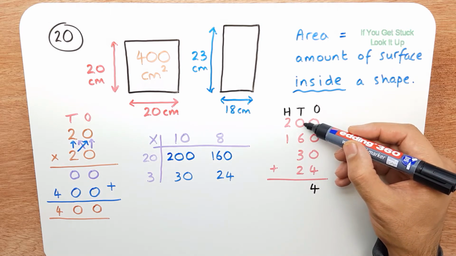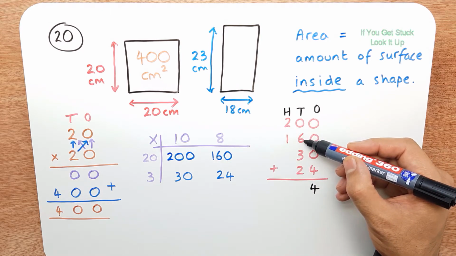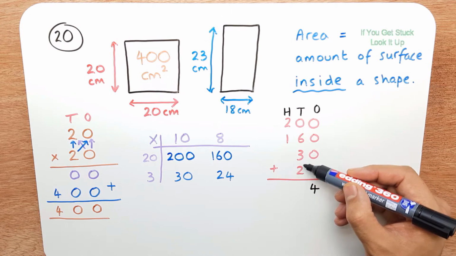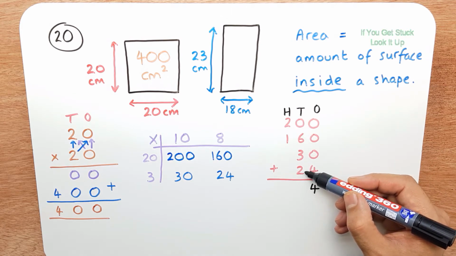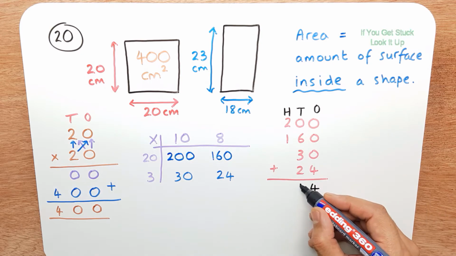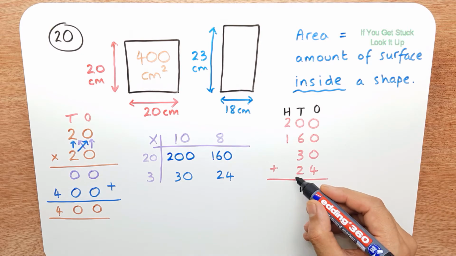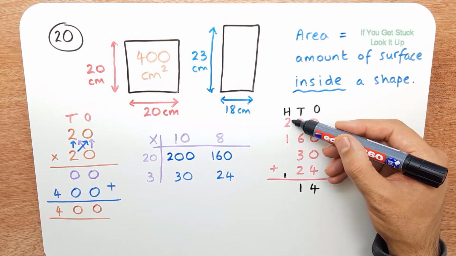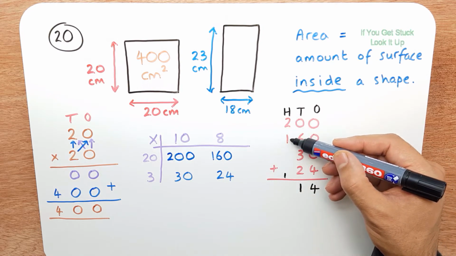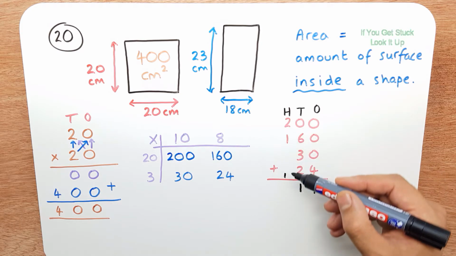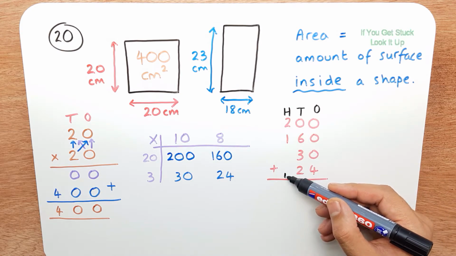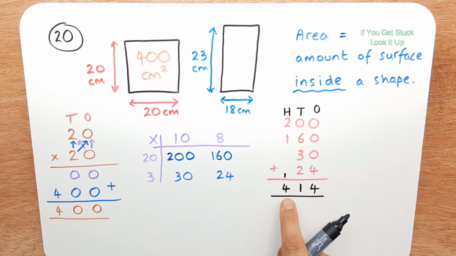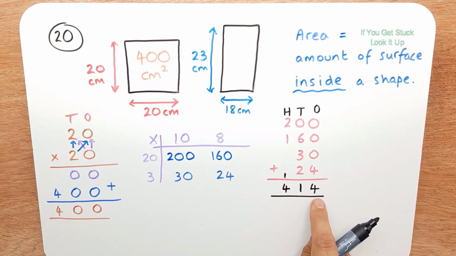Now careful here. 0, add 6 is 6. Add 3 is 9. Add 2 more is 11. So we put the 1 here. And we carry the 1 to the next column. Now in the hundreds column we have 2, add 1, which is 3. Plus this 1 we've carried over, which makes it 4. So our answer is 414.